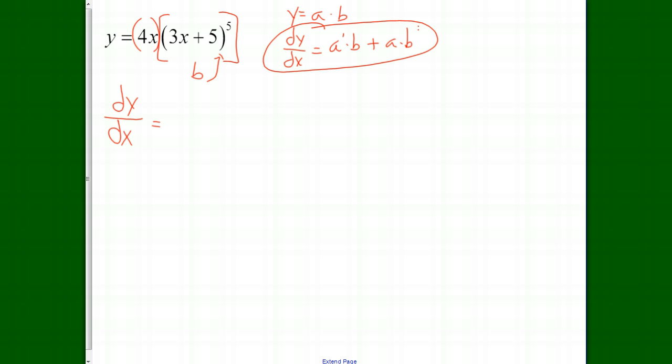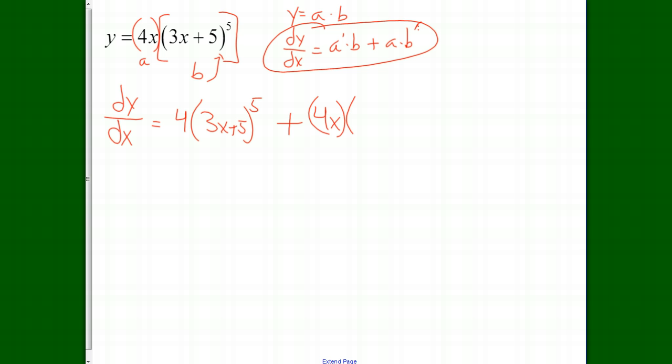All right, the derivative of our function y, so dy over dx. We take a prime. So if this 4x is our function a, the derivative of that is 4 times function b, 3x plus 5 to the 5th, plus our function a, which is 4x, multiplied by the derivative of function b.